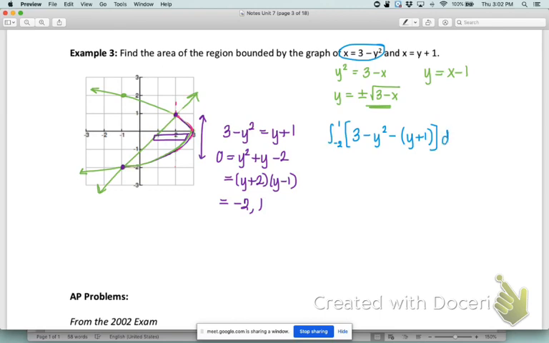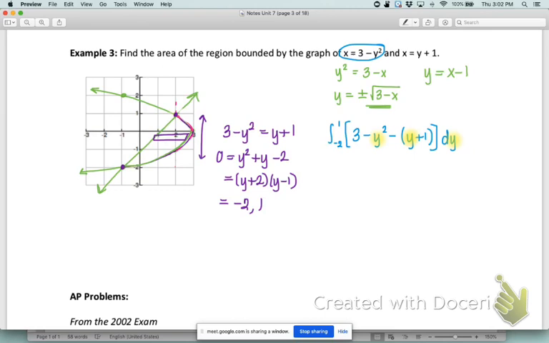And this integral is with respect to y. Do make sure, because I know we've got such a habit of writing dx, make sure that all your variables agree inside your integral, because you don't want to lose notation points there because of that.